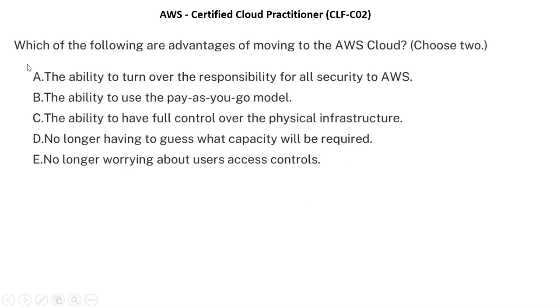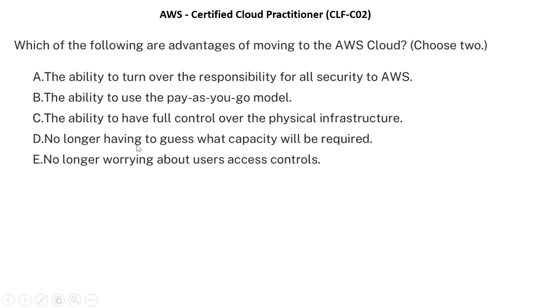Next one. Which of the following are advantages of moving to the AWS cloud? Choose two options. The options are option A, the ability to turn over the responsibility for all security to AWS. Option B, the ability to use the pay-as-you-go model. Option C, the ability to have full control over the physical infrastructure.